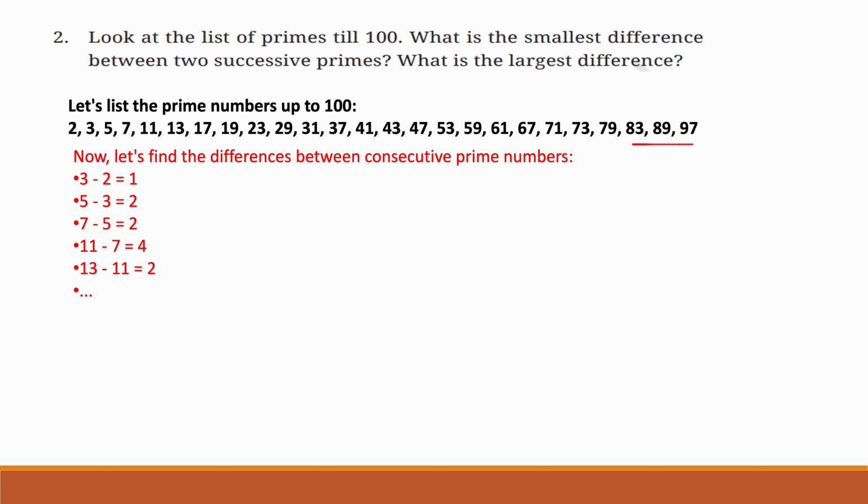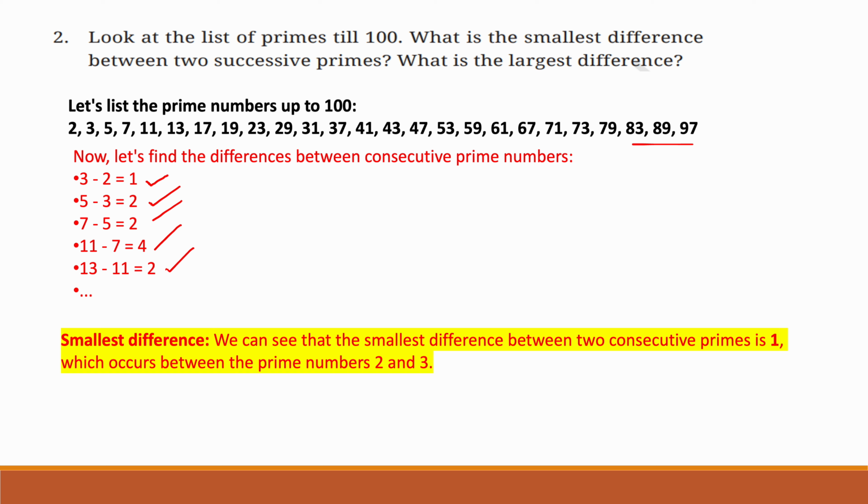So here 3 minus 2 is equal to 1. Then 5 minus 3, 2. 7 minus 5, 2. 11 minus 7, 4. 13 minus 11, 2. Like this, you have to find the difference between consecutive prime numbers.